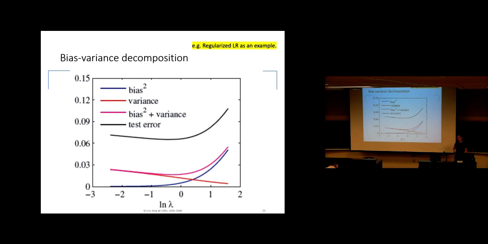You can calculate by sampling different types of training data and estimating the performance. Then you can actually get the bias curve, the variance curve, the bias squared plus the variance curve, and the summation of the curves.